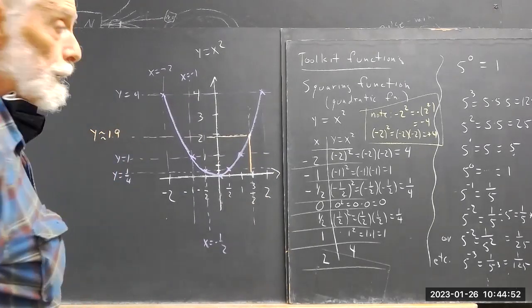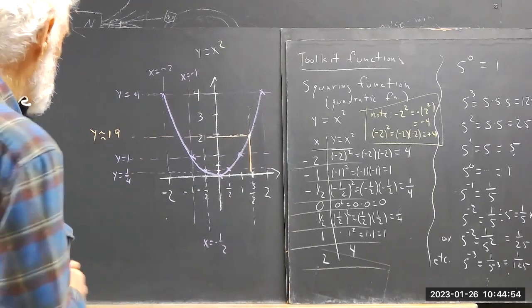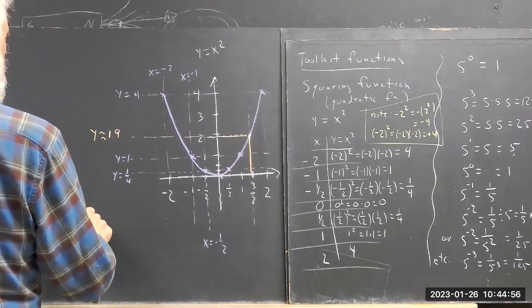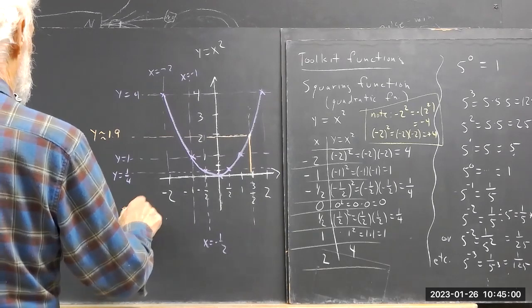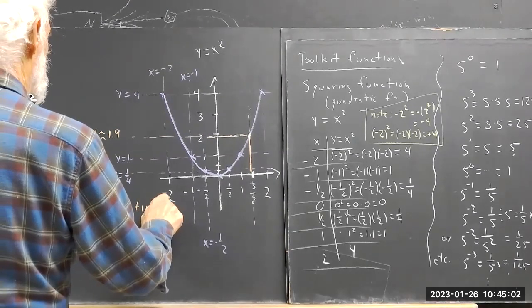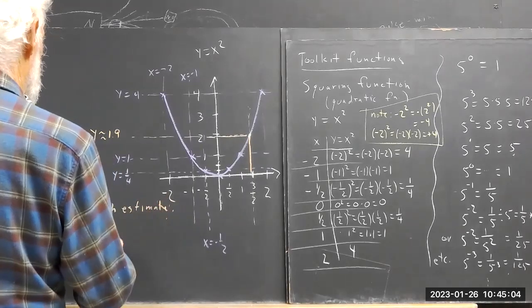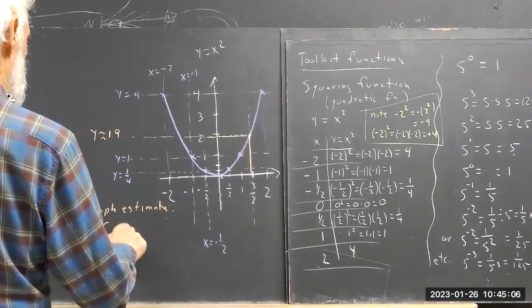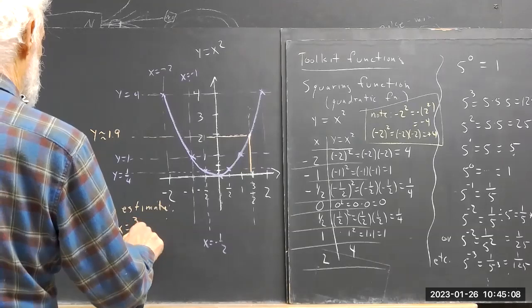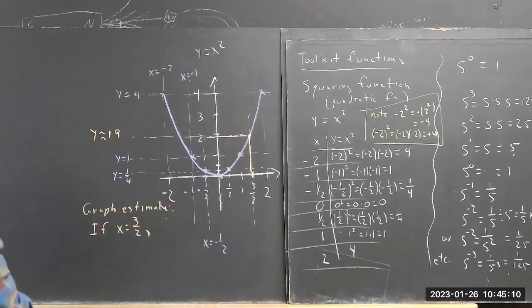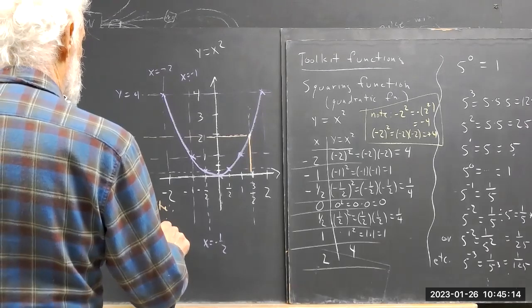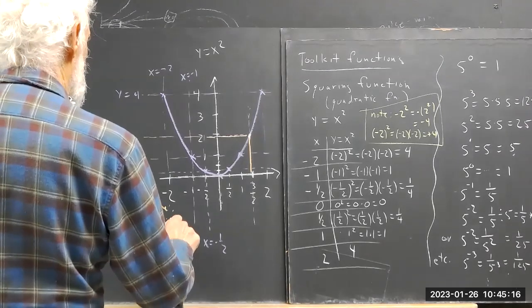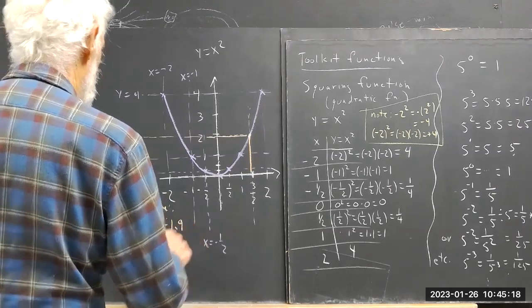Y is about 1.9. So my estimate: x equals 3 halves, y is approximately 1.9.